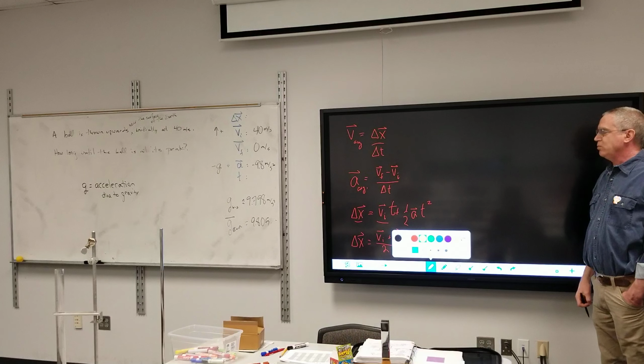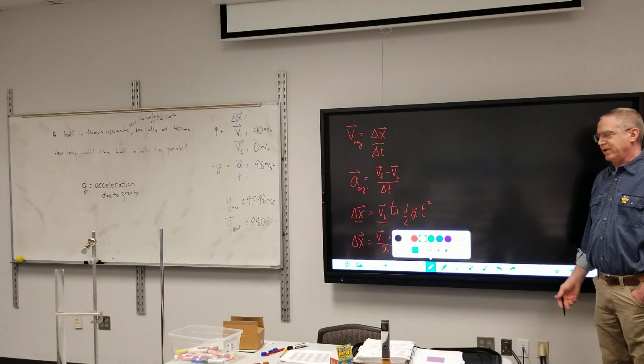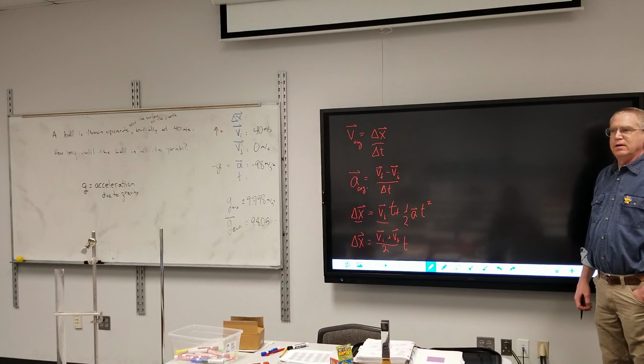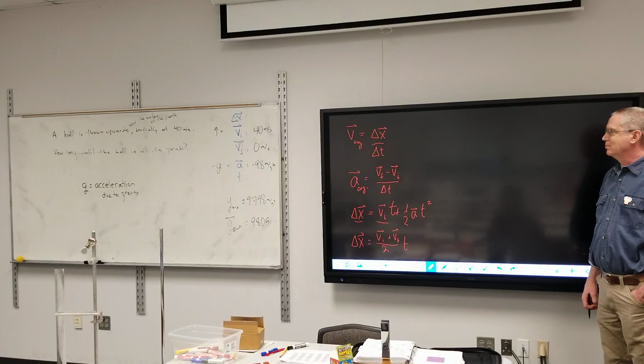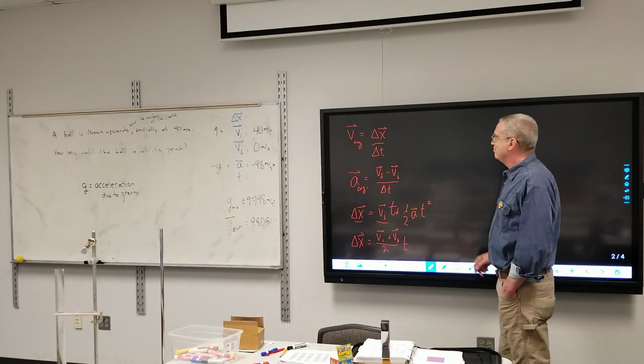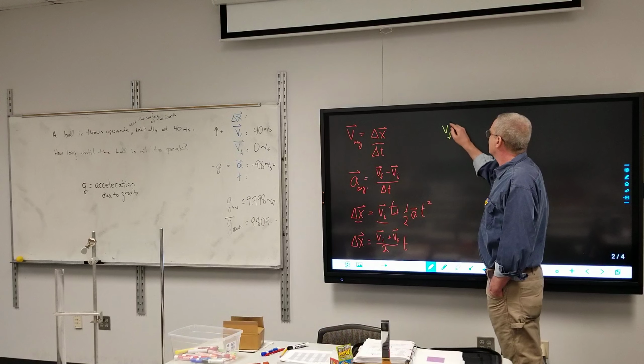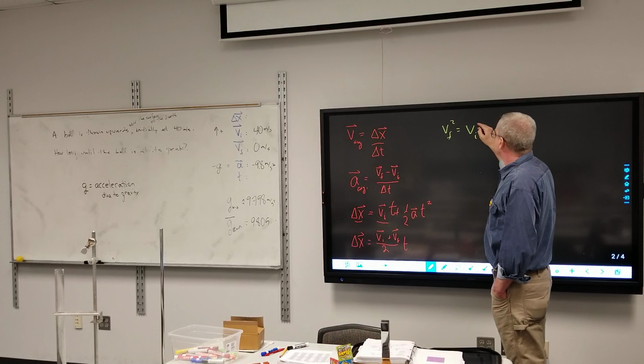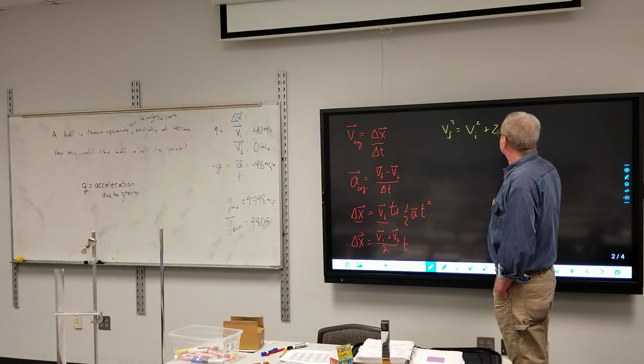And the other 2 start out with final velocity. Final velocity squared equals initial velocity squared plus 2 acceleration times the change of position.